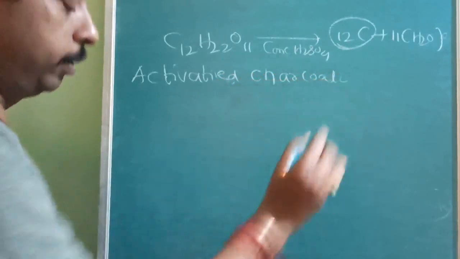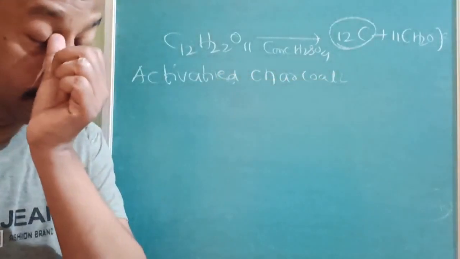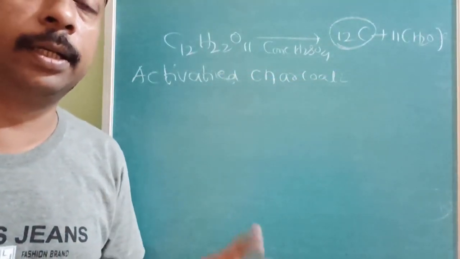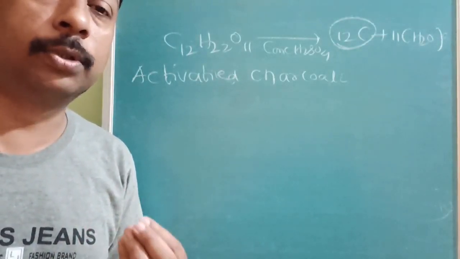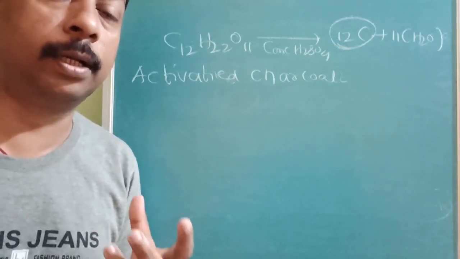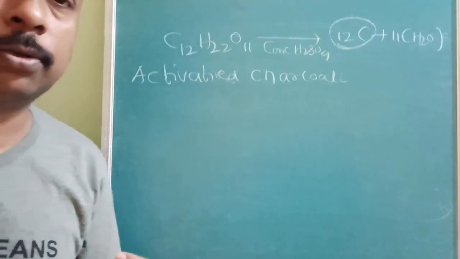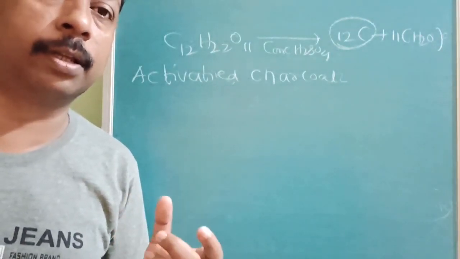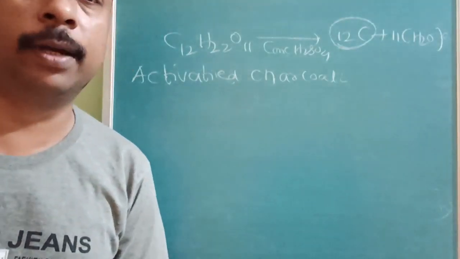Normal charcoal contains impurities, and when you remove the impurities by heating, its adsorption capacity increases, pores improve, and surface area improves. Improving the absorbing capacity of charcoal is called activation, and the charcoal obtained is called activated charcoal.